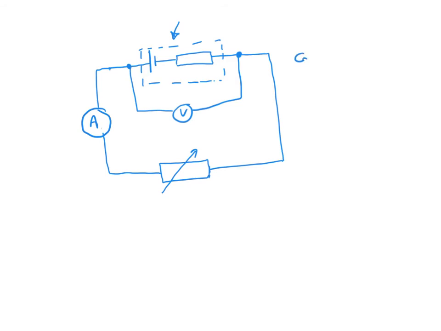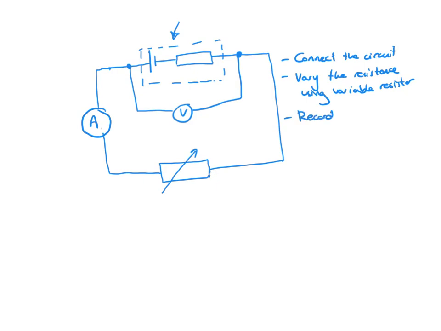So connect the circuit as shown in the picture, vary the resistance using the variable resistor, and record V and I at different resistances.